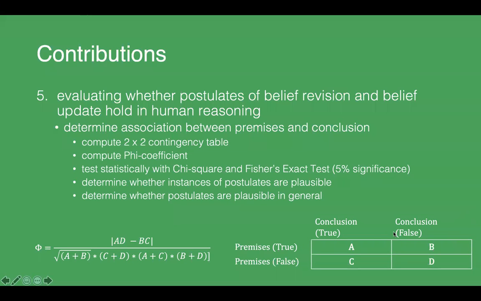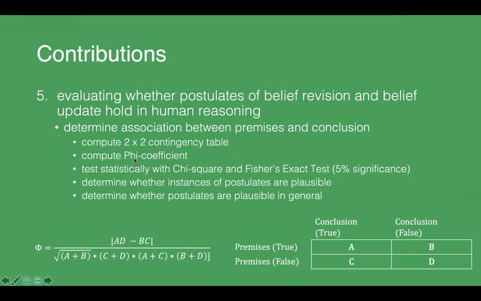There are 4 cells in this contingency table. For example, cell A corresponds to the number of participants who judged that both the premises and the conclusion of a rule were true. Cell B represents the number of participants who judged that the premises of the rule were true, but that the conclusion was false.